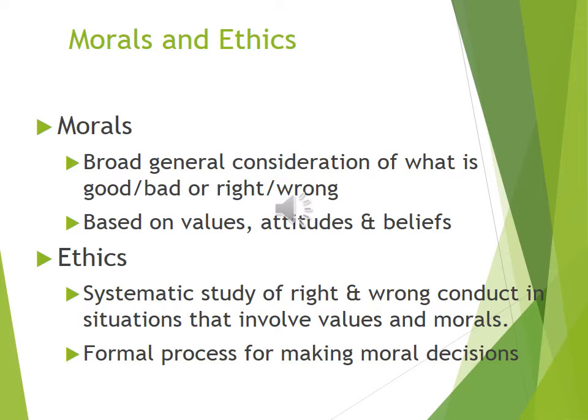So it's more of a formal process for making moral decisions. So you have your morals, and based upon those morals becomes ethics, and the ethics makes our thoughts or how we believe in something makes it so that it's morally right or morally wrong.